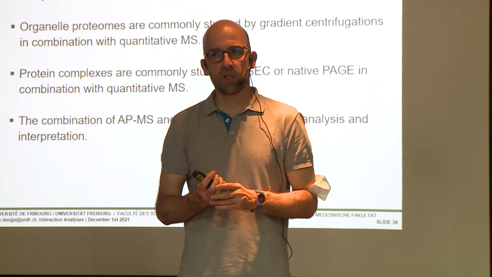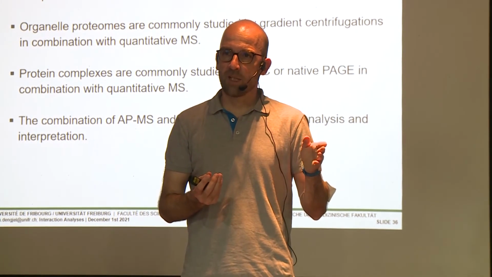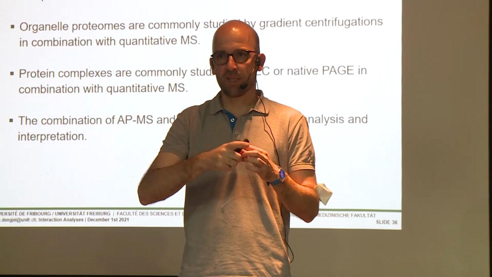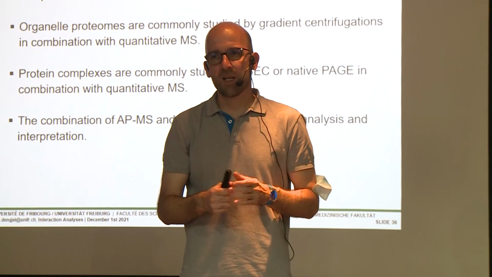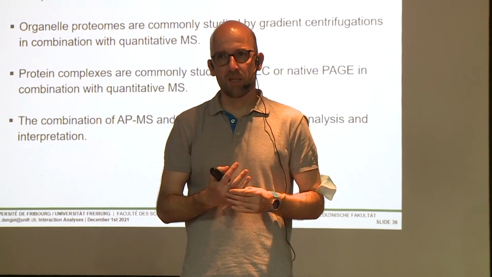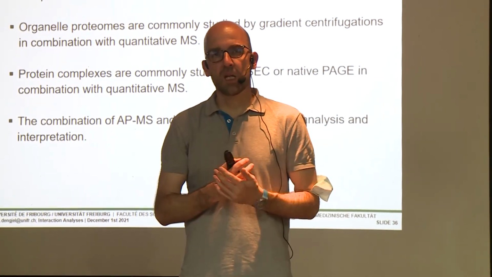This is not necessarily the case for the gradient centrifugation, because it depends on how you collect the fractions of your gradient, if you collect them from the top or if you puncture them. There it's technically more challenging and you need more replicates. But for the SEC data, this is really very robust.